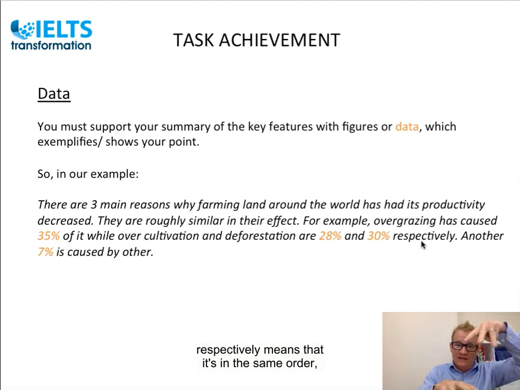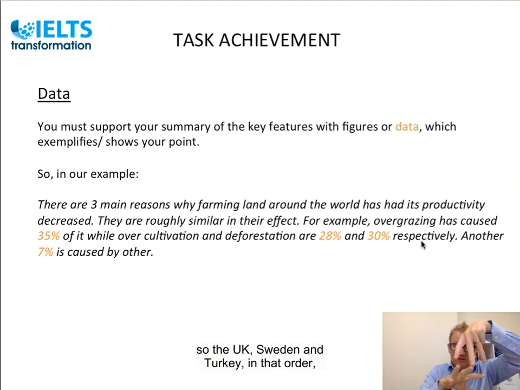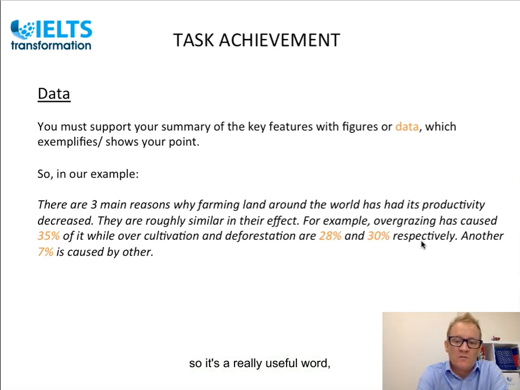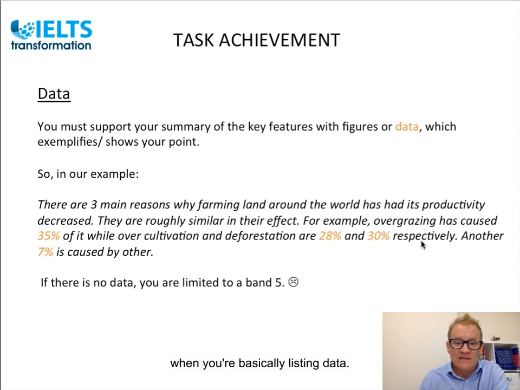Respectively means that it's in the same order, so the UK, Sweden and Turkey, in that order. So that's a really useful word when you're basically listing data. No data, band 5. Okay, so you've got to have data.